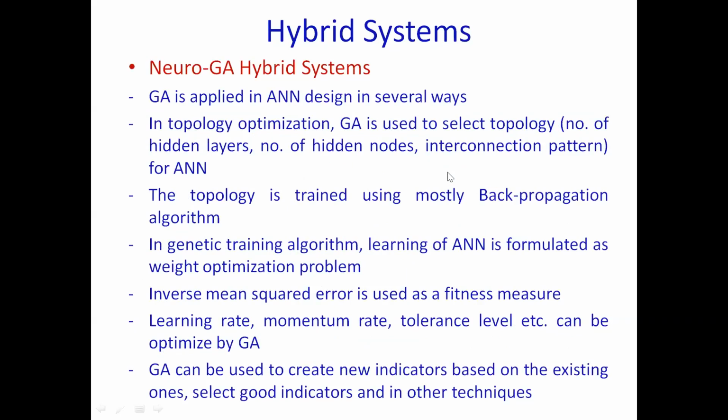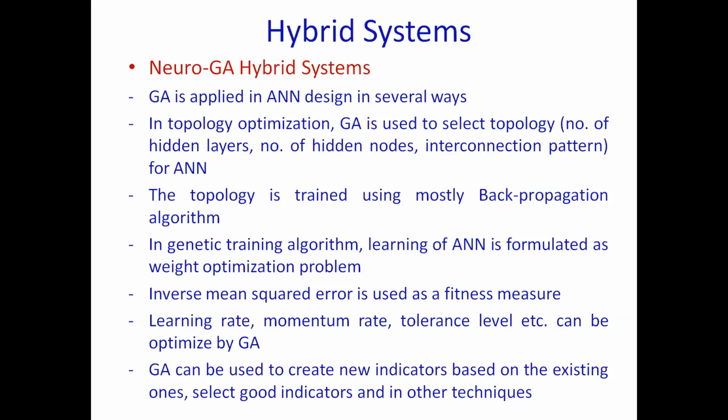Now coming to the neuro-GA hybrid systems, we can see that genetic algorithms have been increasingly applied in artificial neural network design in several ways, like topology optimization, genetic training algorithms, control parameter optimization, and so on.